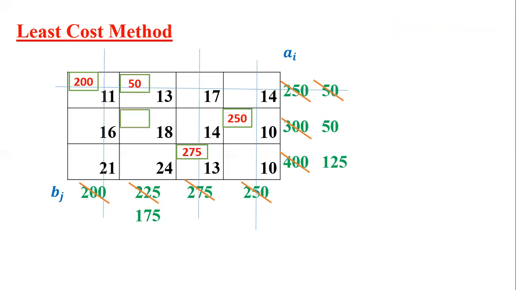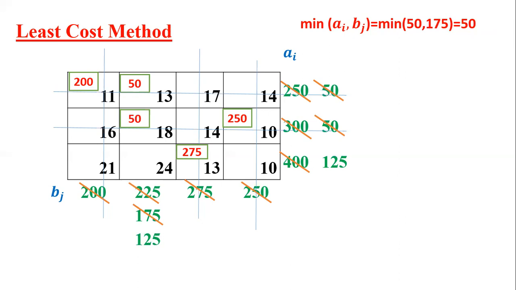The next minimum is 18. The corresponding ai and bj values are 50 and 175. The minimum is 50. You have to allocate 50. So supply 50 minus 50 is 0 and demand 175 minus 50 is allotted, so 125. At that time, supply is fully utilized, zero balance, so you have to strike out that supply.